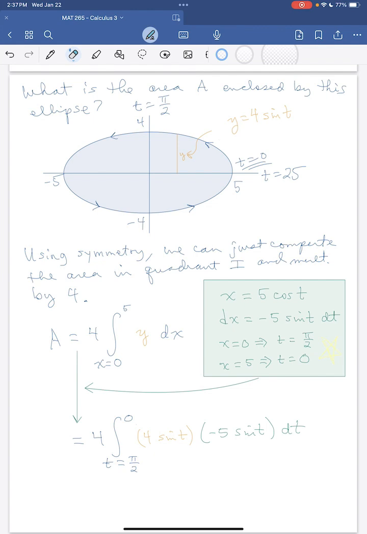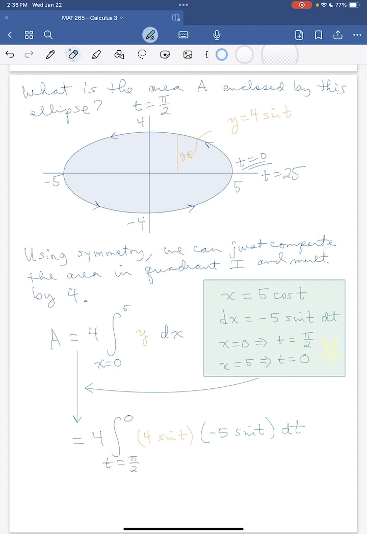And we talked about how to get these limits. That's why I have a star by that, because you have to be really careful there. And so x is 5 cosine t, dx is negative 5 sine t dt. And then just plug in and realize that t starts at pi over 2 and ends at 0.